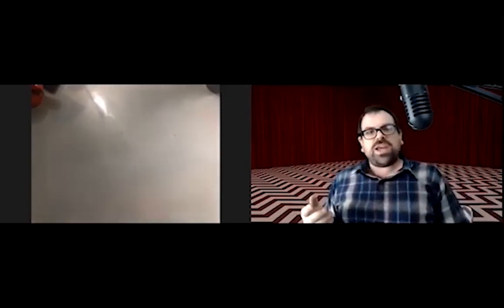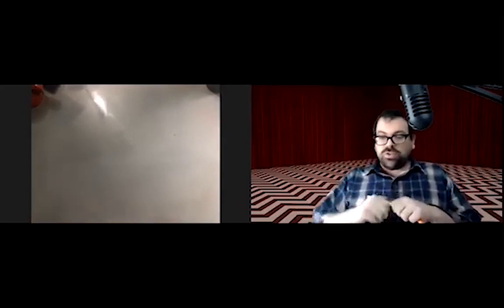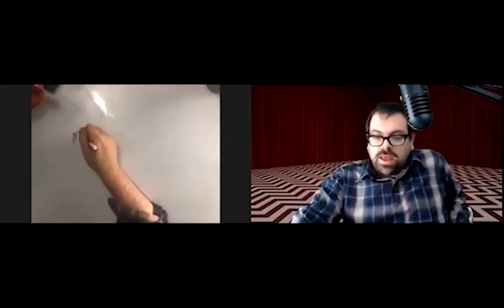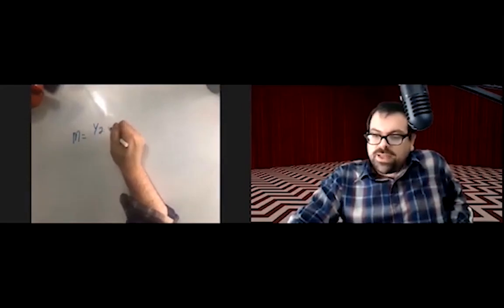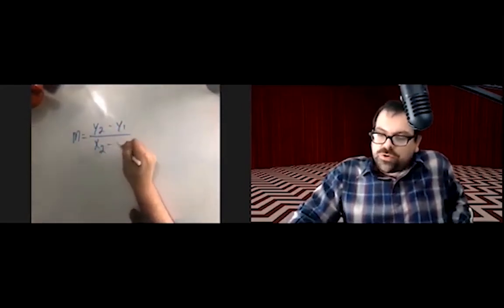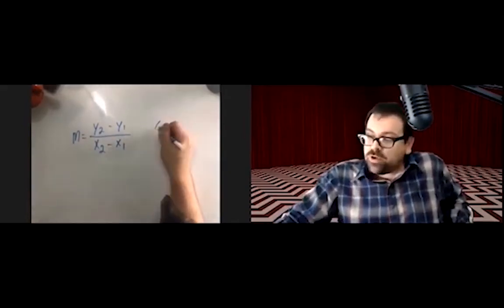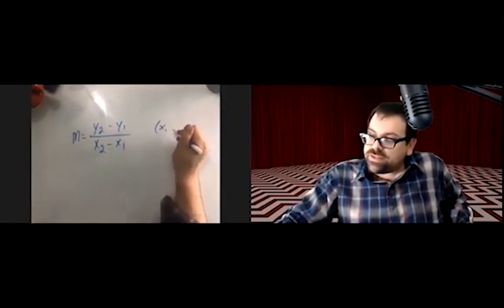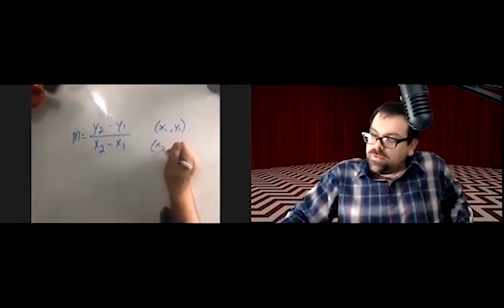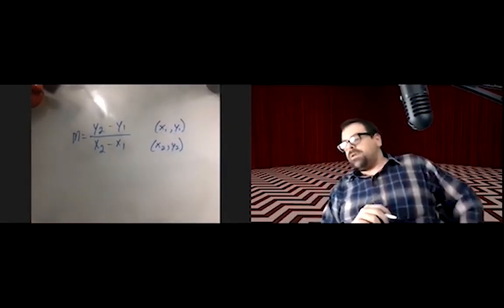Now, the average rate of change is basically the slope formula. Recall the slope formula, m equals y2 minus y1 over x2 minus x1. And that's how we find the slope of a line between 2 points, (x1, y1) and (x2, y2).